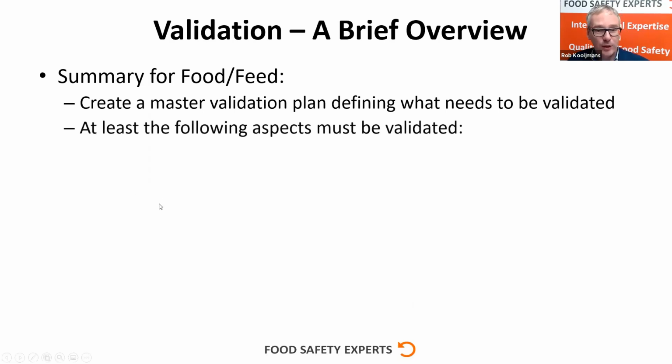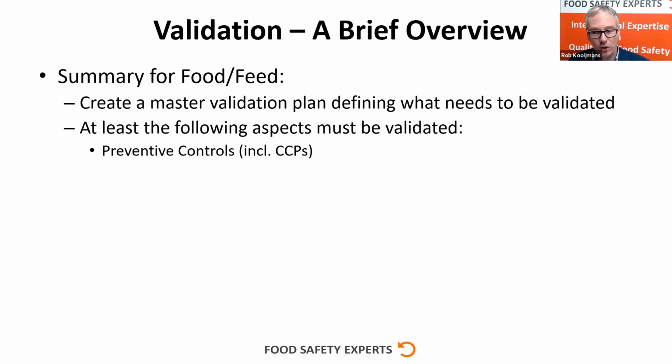And for food companies, there is a minimum list of items that must be validated. And they are pretty much the same across the board for the major GFSI certification schemes. And it all starts with preventive controls, and that's already language taken from the Food Safety Modernization Act.